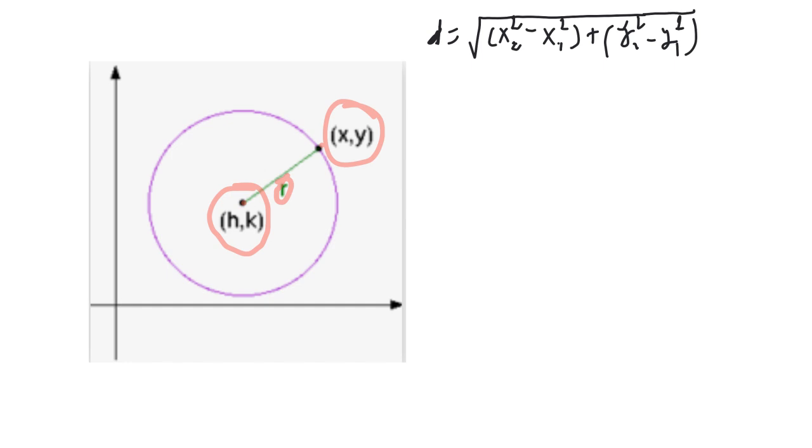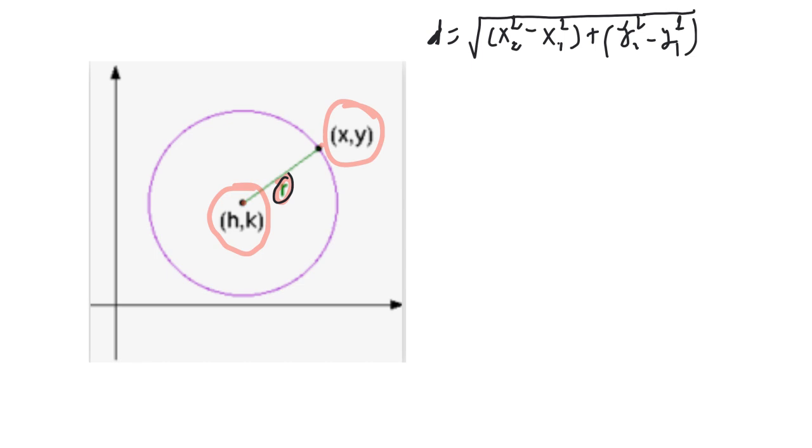Now let's say that the distance here is r, so then x2 will be x and x1 would be h, and y2 would be y and y1 would be k.